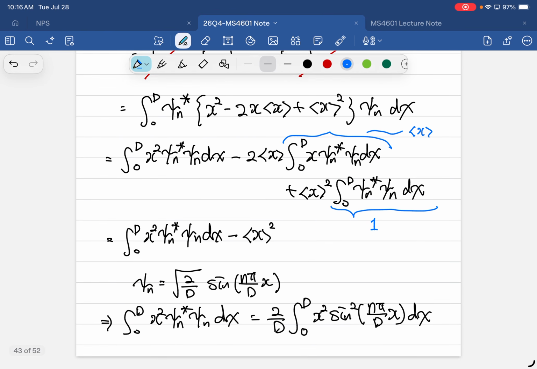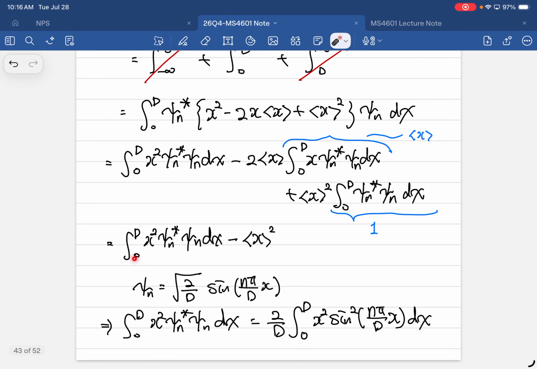But now the question is this part, right? We already know psi n is essentially the solution of the Schrödinger equation for this particular case given here. If you plug it in, that is x squared and sine squared there.